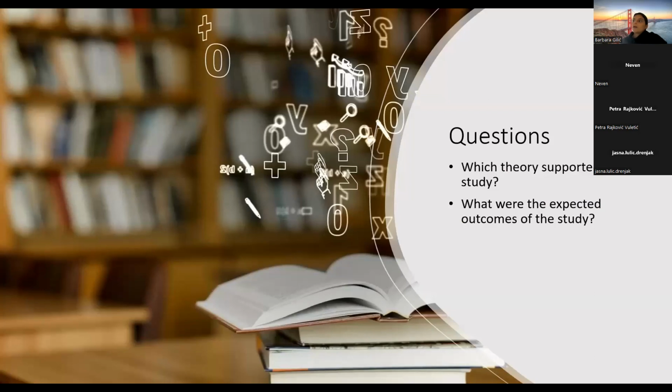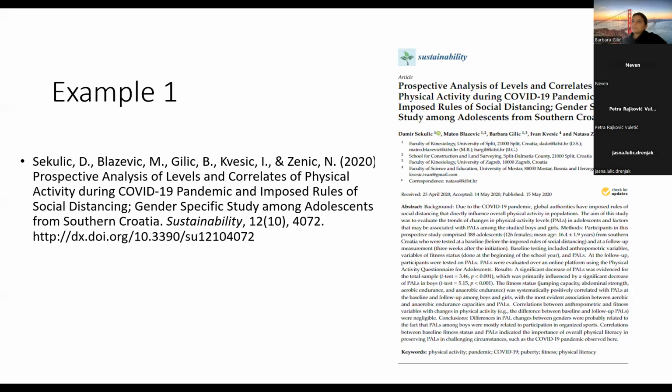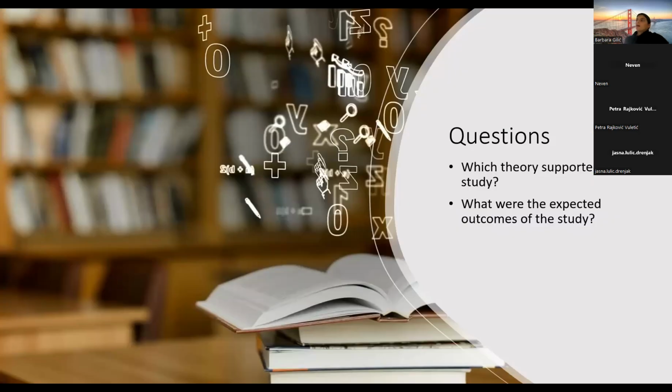Okay. So which theory supported this first study? This first study of physical activity levels during the COVID-19 pandemic actually supported the theory that physical activity levels will drop as a consequence of COVID-19, and those were also the expected outcomes of our study.